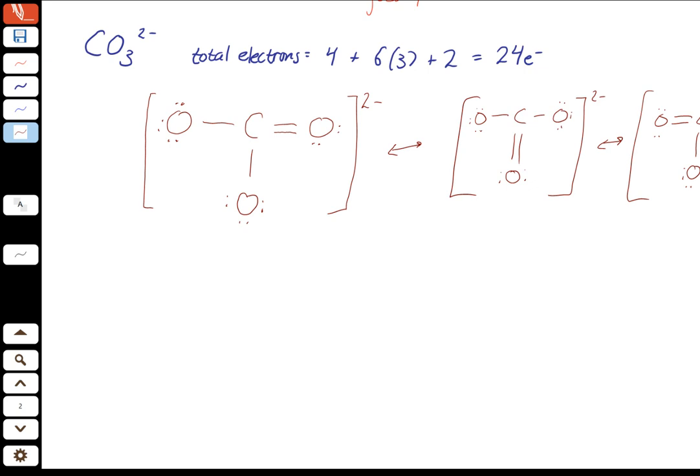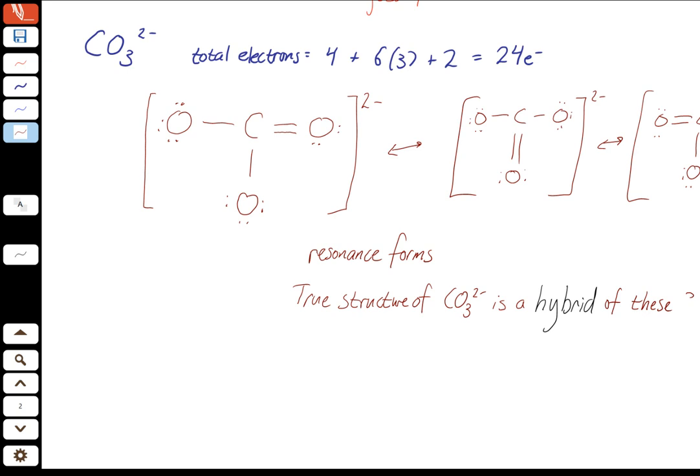And what that means is that the actual real structure of carbonate is a hybrid of these three that we've drawn.